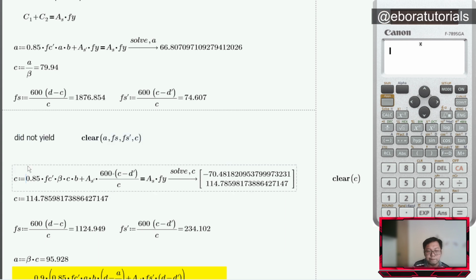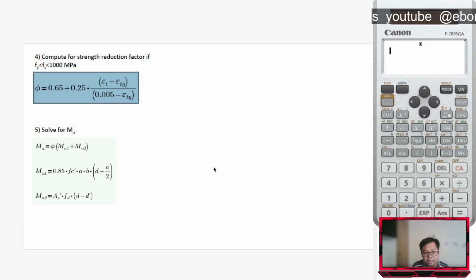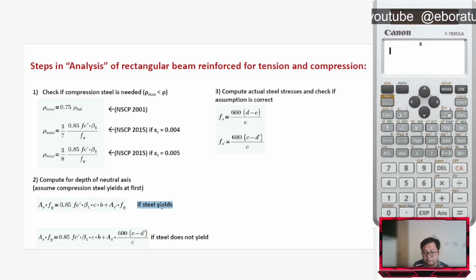So anyway, to solve for the new concrete compression block, based on the PDF that I have provided you, yung steps na binigay ko, ito pala. So, since hindi siya nag-yield, if steel did not yield, you can use this equation.